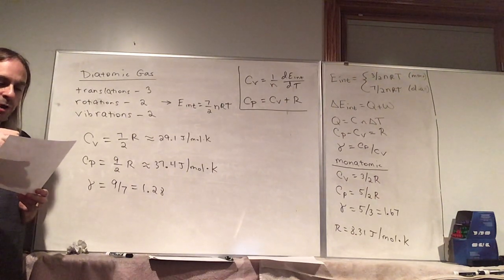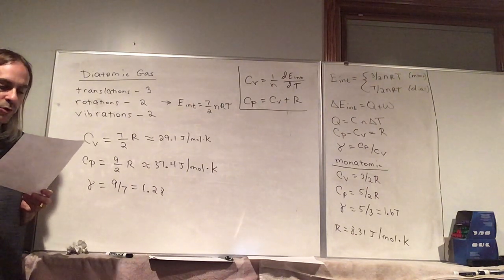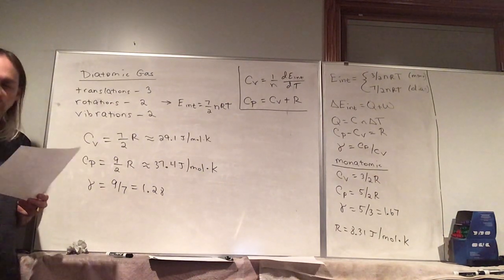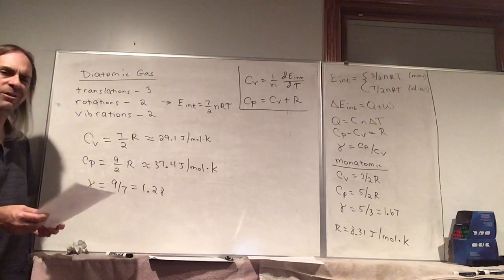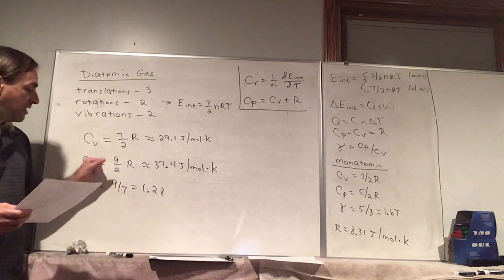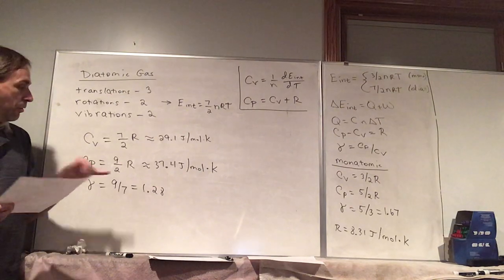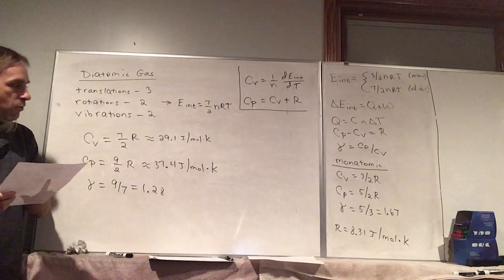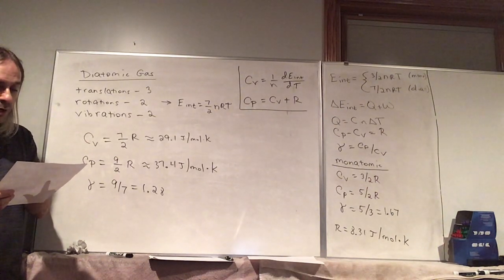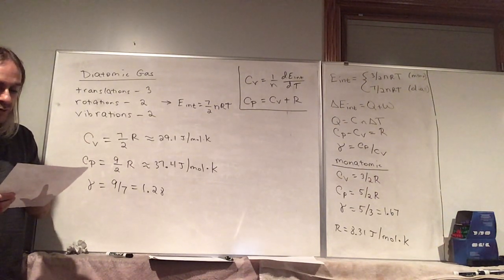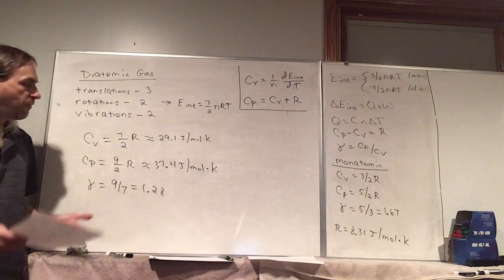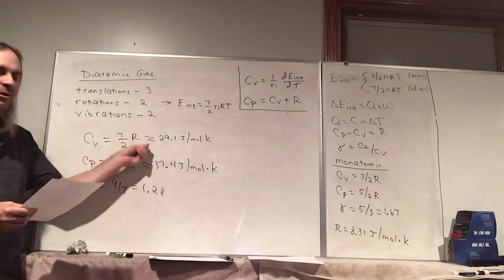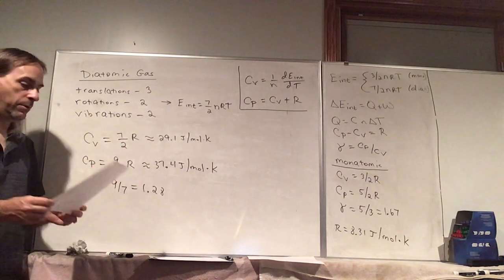What we're getting is 20.4, 20.8, 21.1, 21.0, I think, that one's hard to read, and 23.7. Those are a bit off. And then for CP, we should get 37.4. What we're getting is around 28.8, 29.1, 29.4, 29.3, 34.7. Looks like our CP values are actually closer to these CV values.